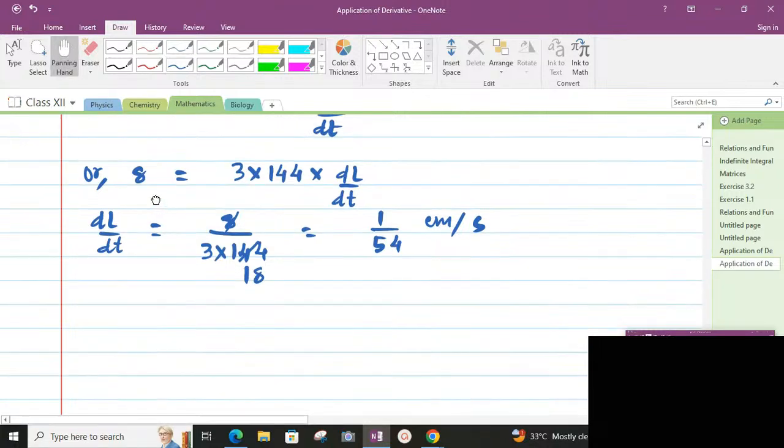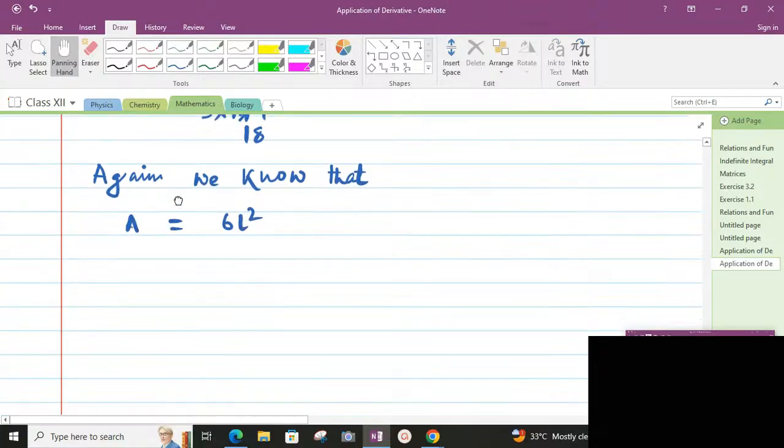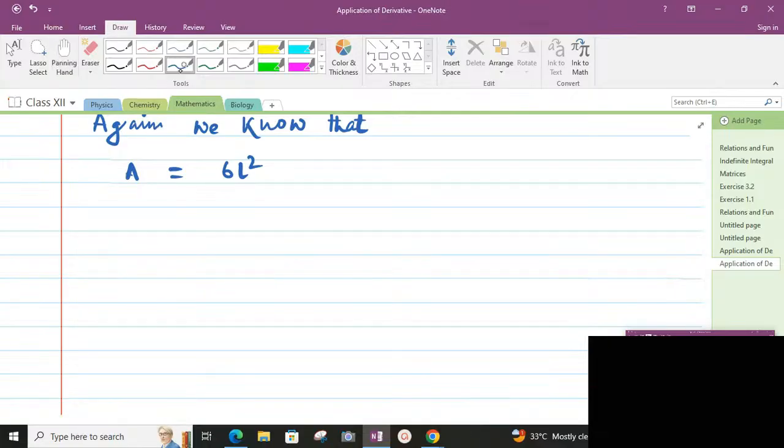Again we recall. So we write down here again, we know that A equals 6L². Now take the derivative of both sides with respect to t.